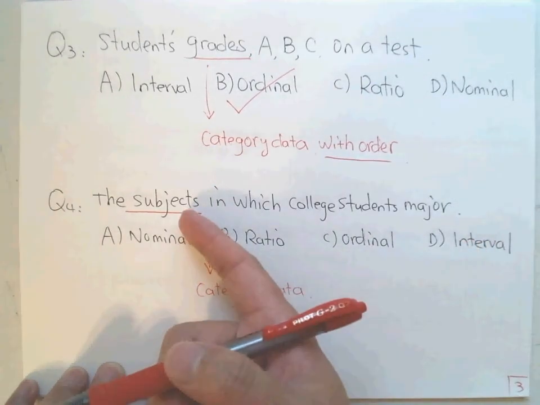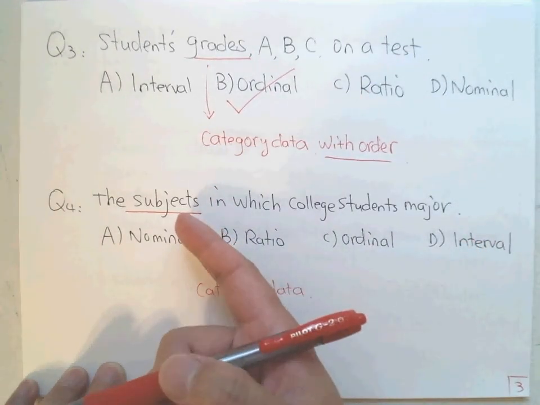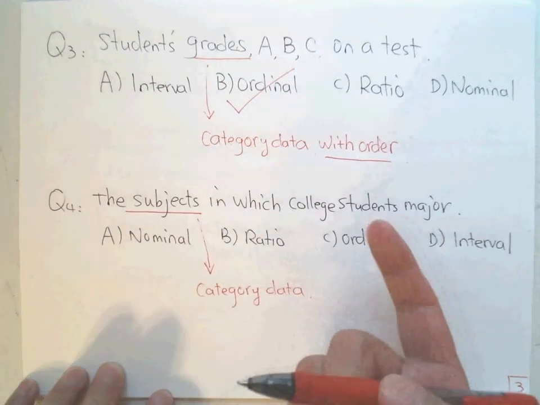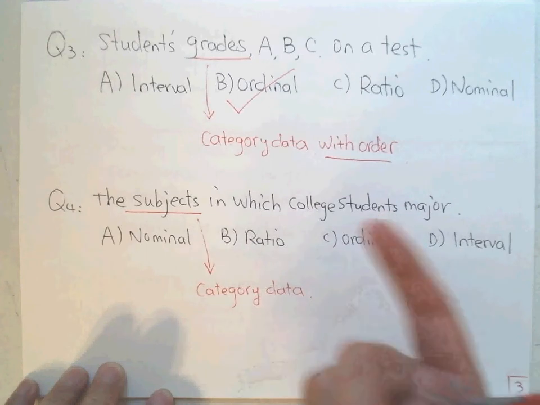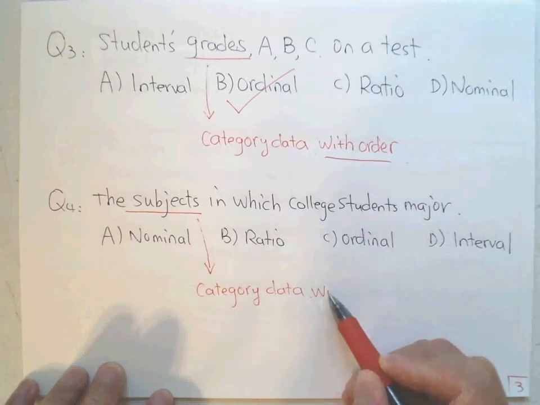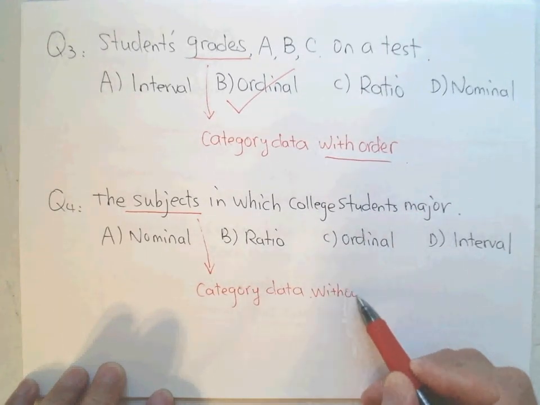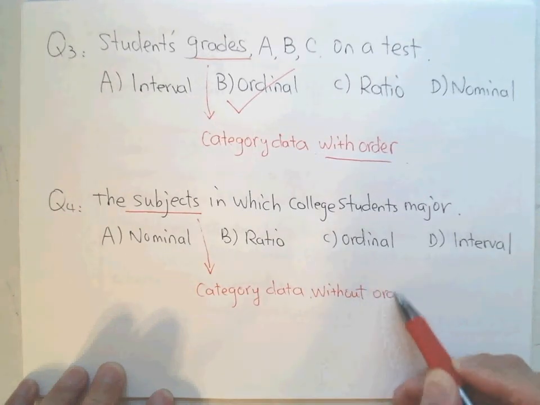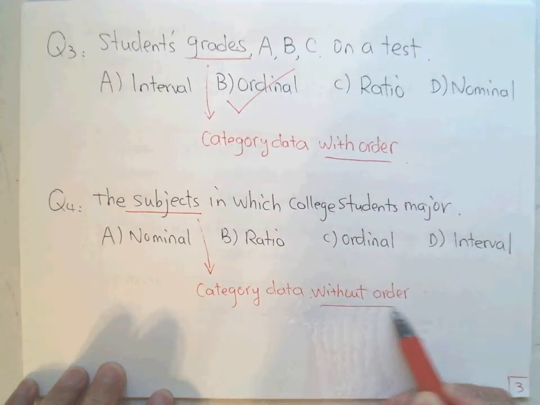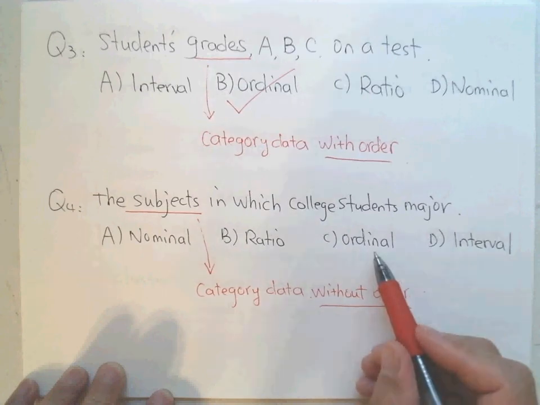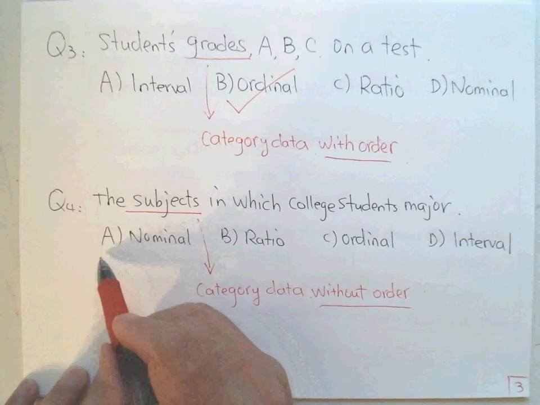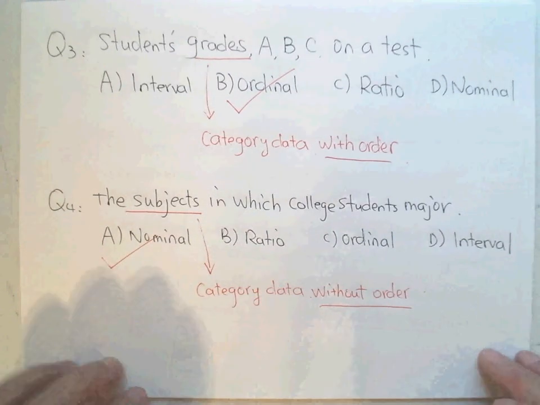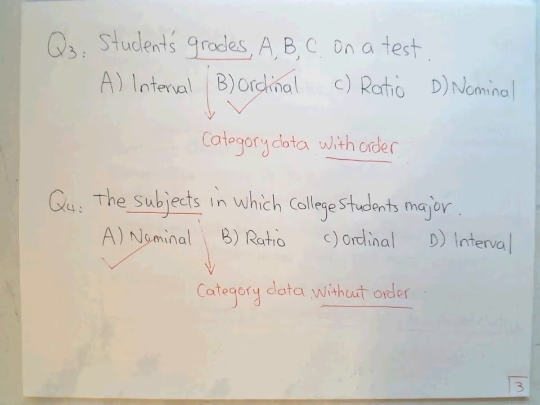Like math and English, we cannot say math is before English or English is before math. We cannot simply order math and English, so it is without order. This is not ordinal, which means nominal, like gender, female and male. These are the questions and the terminology for this. Thank you.